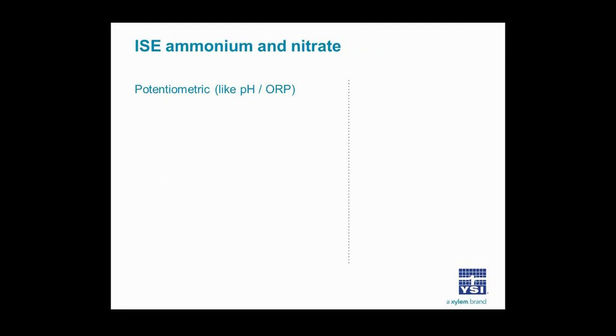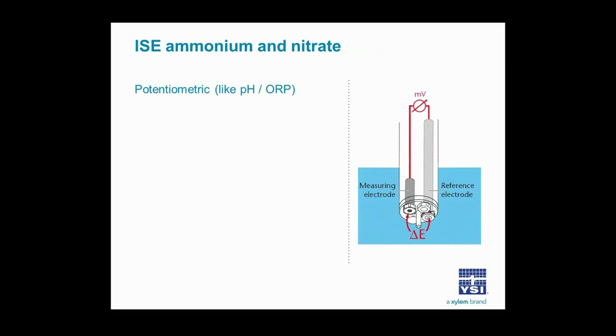For nitrate measurement, there are also ISEs for that. So again, a potentiometric method where difference in potential between a measuring electrode, an ISE, and a reference electrode are measured, and these are then correlated to an ammonium or nitrate concentration.